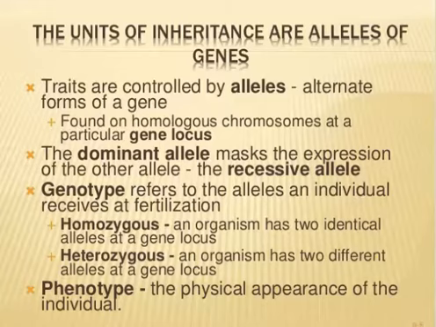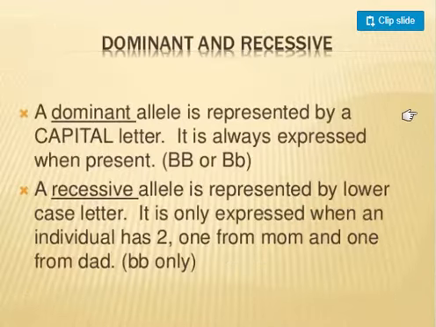As I said, if I have straight hair, I might have had straight hair genes from one of my parents and curly hair genes from the other parent. But what do you see? What you see is the straight hair. This is the phenotype. But if I want to know how I inherited it, how my genes are formed, this is going to be called the genotype.